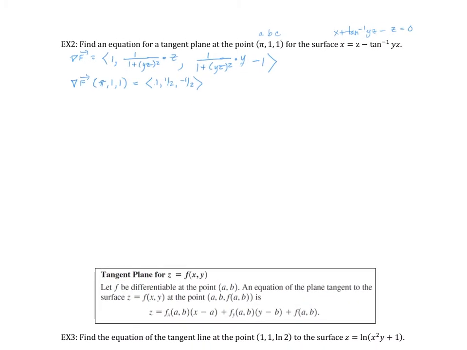The equation of my tangent plane will be x minus pi plus 1/2 (y minus 1) minus 1/2 (z minus 1) equal to 0. Again, I could stop there or clean this up by getting rid of the parentheses, combining like terms, throwing the constant onto the right-hand side.